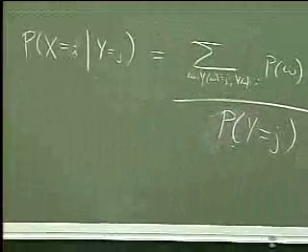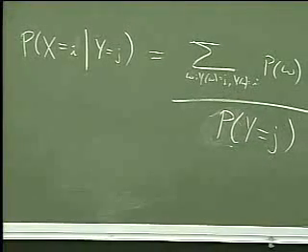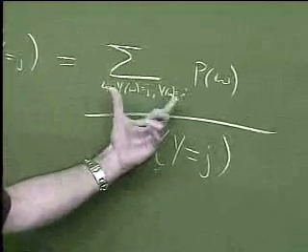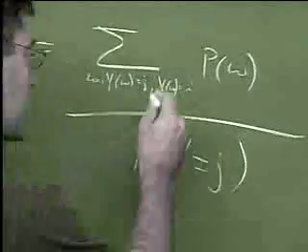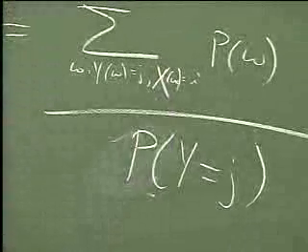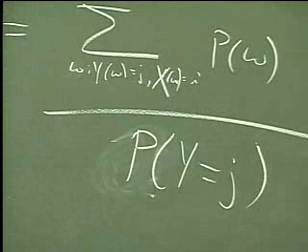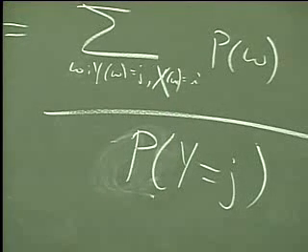Right, so it's normalized. Just a bunch of ways to look at the same thing. Right, this is the probability that Y equals j and X equals i. Right. Okay.